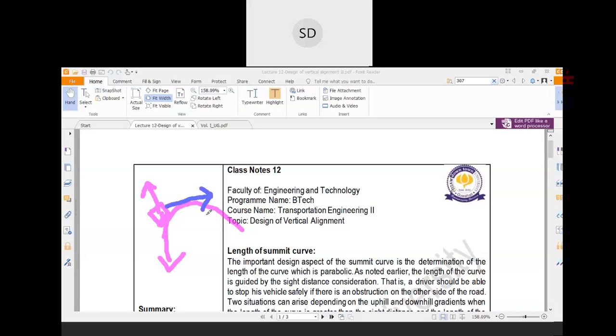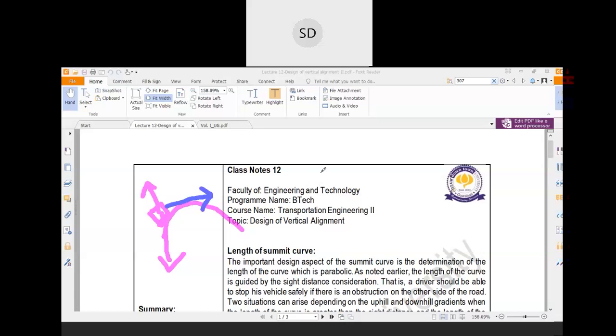So whenever you are designing a summit curve, you need to consider the sight distance. Now, there are different conditions for the sight distance. And you know there are two basic sight distances. One is stopping sight distance and another one is overtaking sight distance.